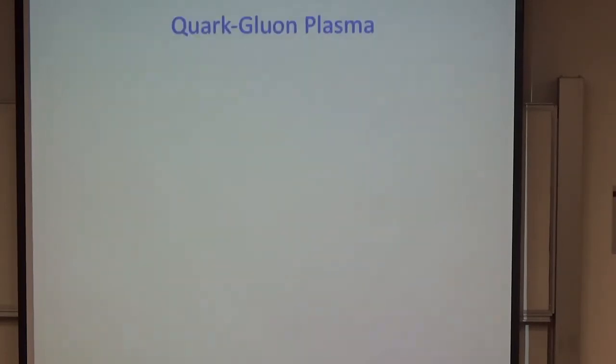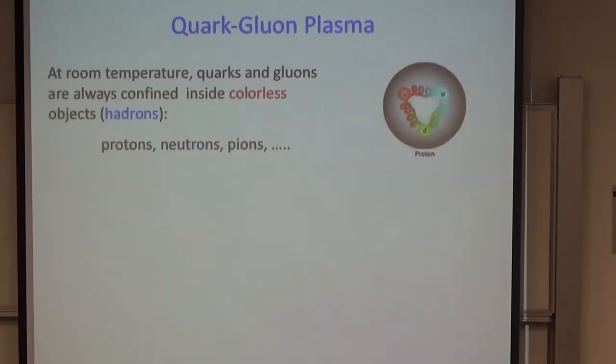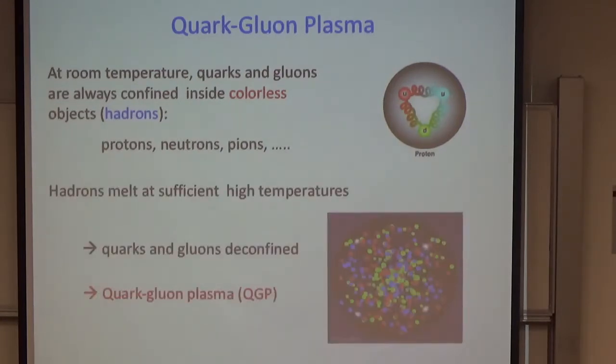So the first example is the so-called quark plasma. If you consider the strong interaction at room temperature, due to the so-called color confinement, the interaction between quarks and gluons is very strong, and the quarks and gluons are always confined inside colorless objects, say hadrons, including protons, neutrons, pions, etc. But now if you heat the system to very high temperature, eventually the hadrons will melt, because now you have sufficient kinetic energy so that those quarks and gluons can escape from the confinement.